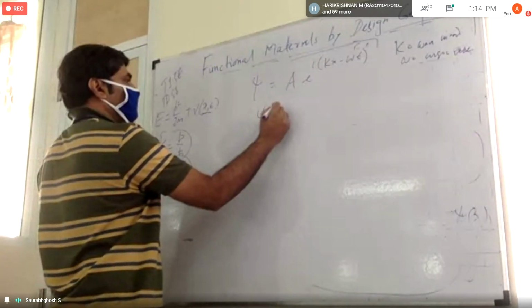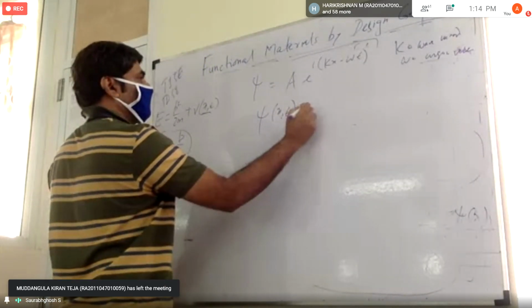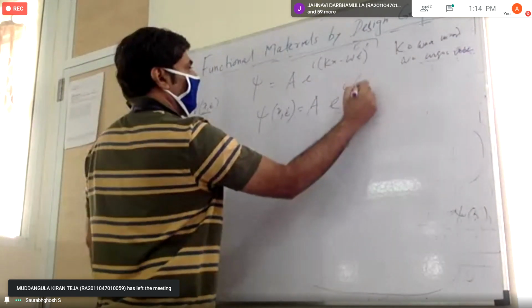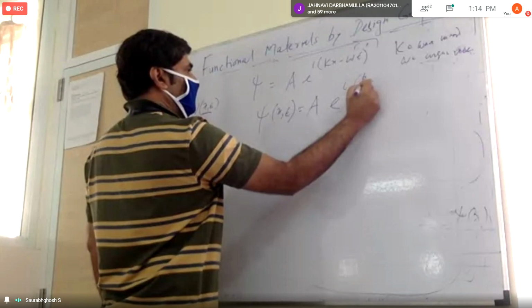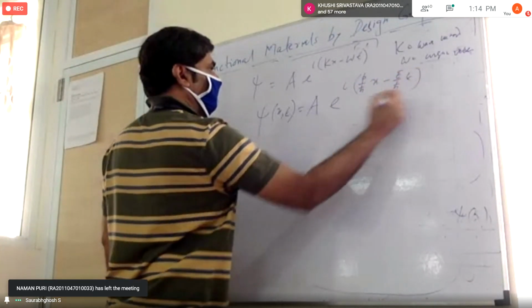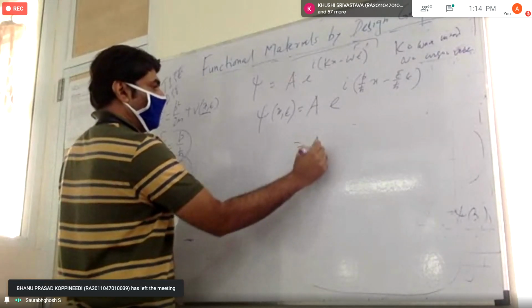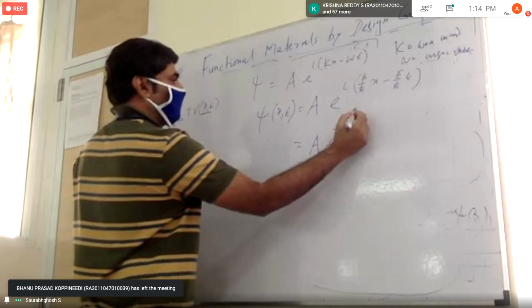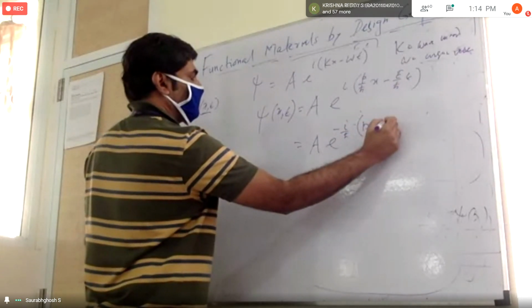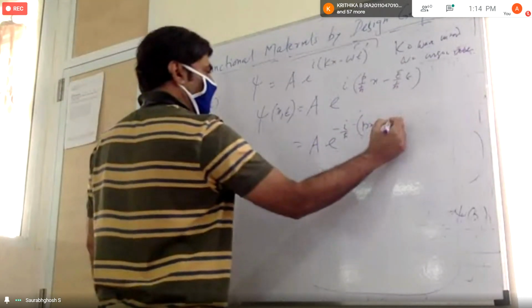So your psi, which is a function of x and t, is equal to A e to the power i, k means p by h cut, x minus p by h cut t. That is equal to A e to the power i by h cut, (px minus Et).